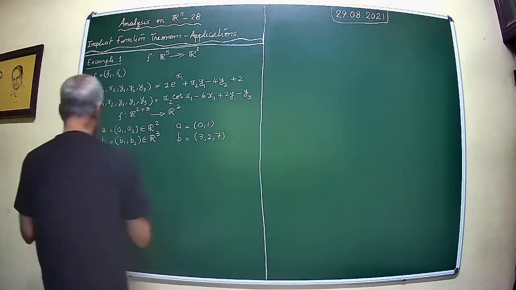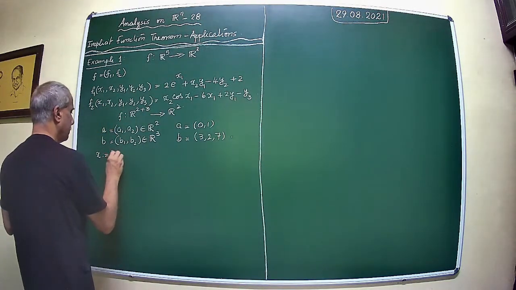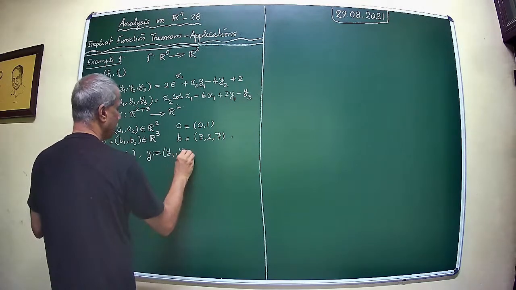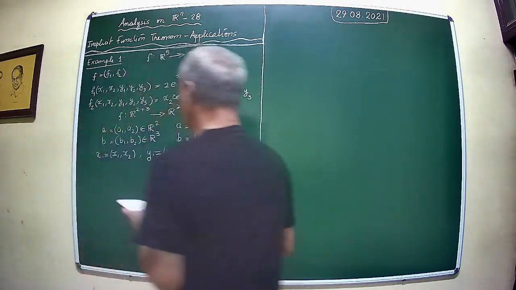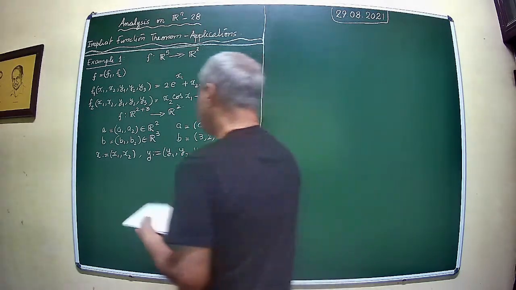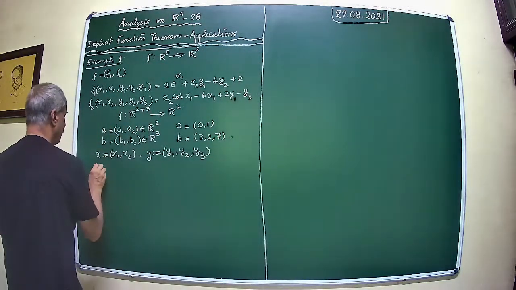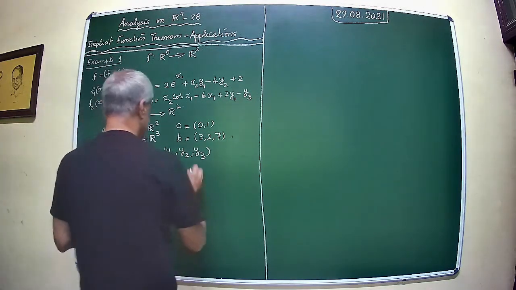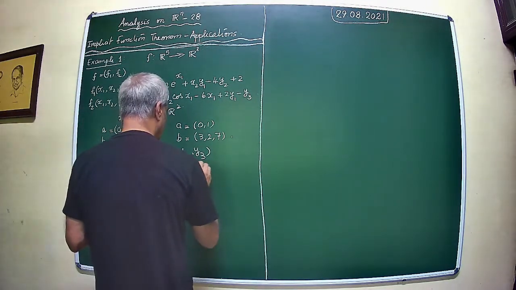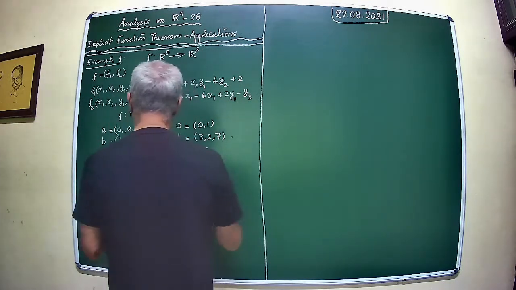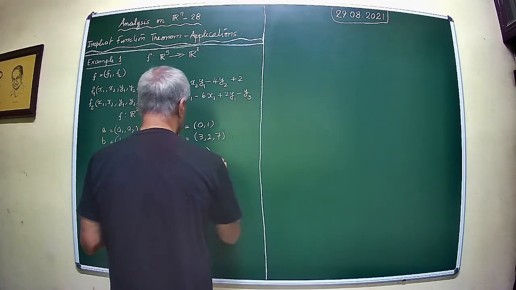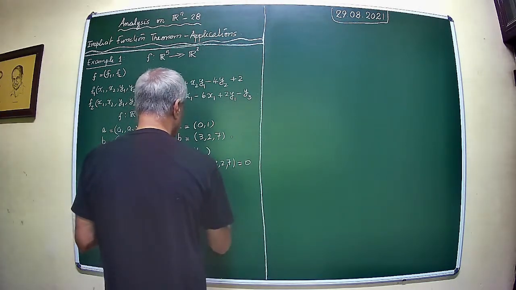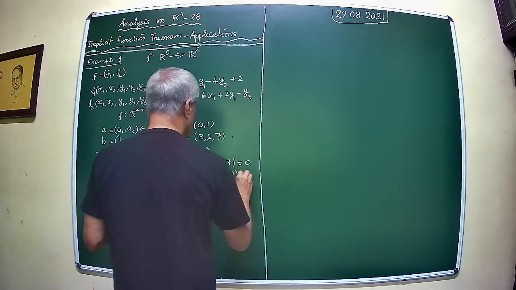So let us take x equal to A, y equal to B, then we observe that F of A, B is 0.